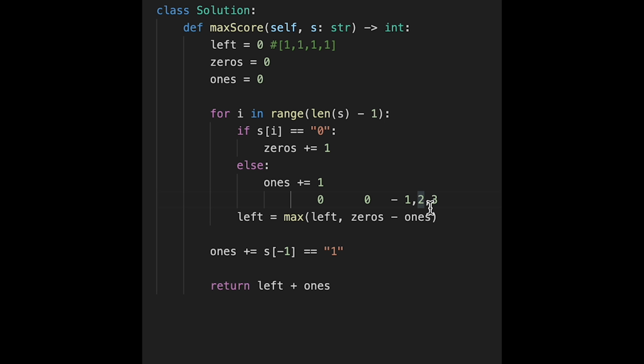So in this case, the left value is never updated, because 0 is bigger than 0 minus 1, 0 minus 2, 0 minus 3, right? So after we finish this for loop, ones should be 3, right? And then we check the last position, 1, so that should be 4, right? So in the end, 0 plus 4 is 4.